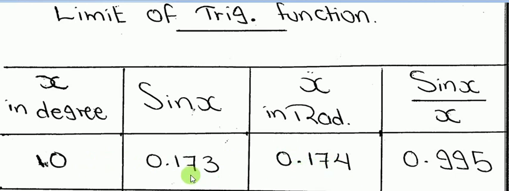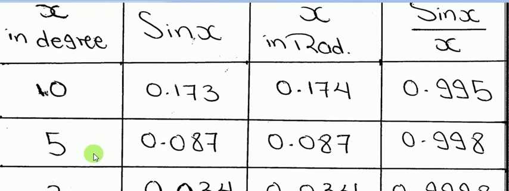So if I compute sine x over x, with x in degrees on top and x in radians on the bottom, it will be 0.995. Now if the angle decreases a little and becomes 5, sine 5 is 0.087, and 5 converted into radians is 0.087. So sine x over x will be 0.99.